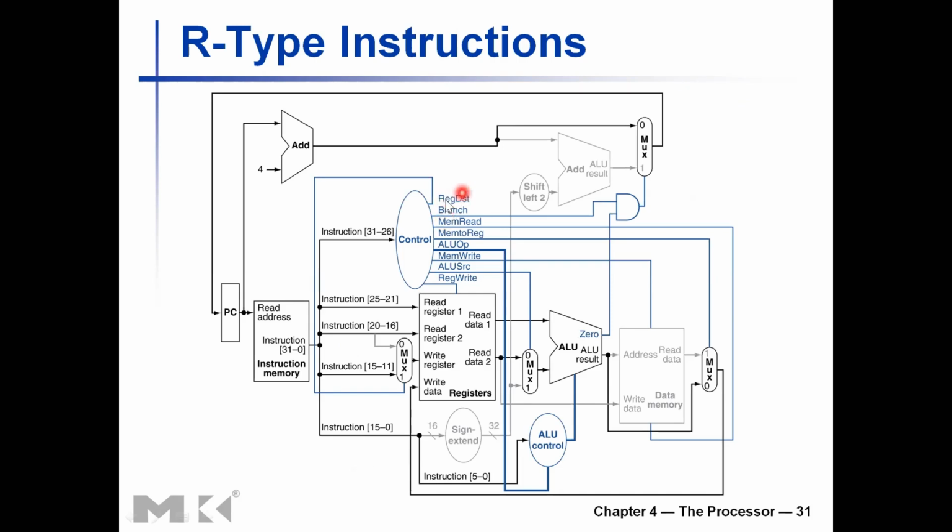So let's take the first one, register destination. What does this control signal do? It goes into this mux in front of the register file. What it does is decide where the register to be written is provided in the instruction word. You can see that there are two inputs into that multiplexer. One is bits 11 to 15, input 1, and input 0 is bits 16 to 20.